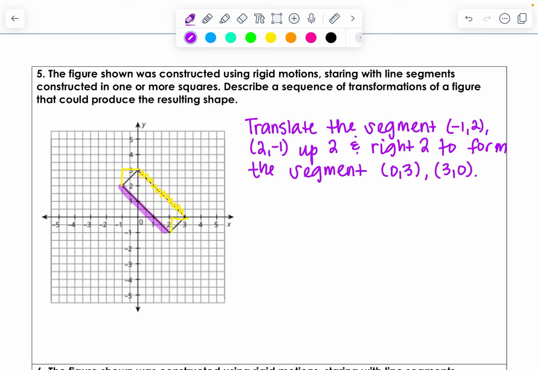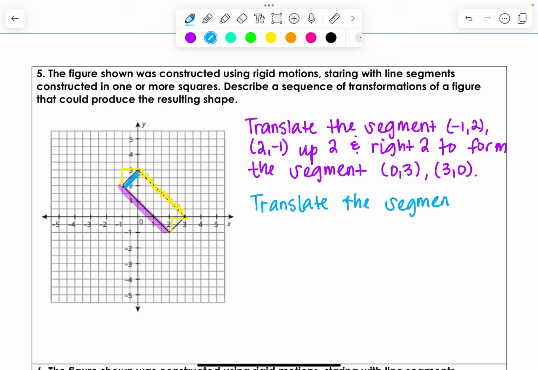And then for the shorter segments here, I'm going to translate the segment negative 1, 2, and 3, 0. No, 0, 3.